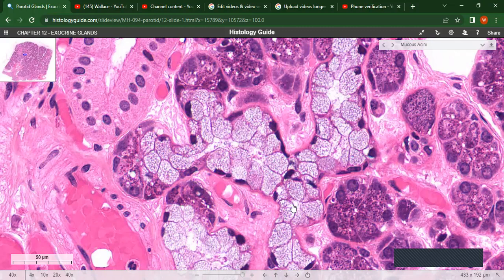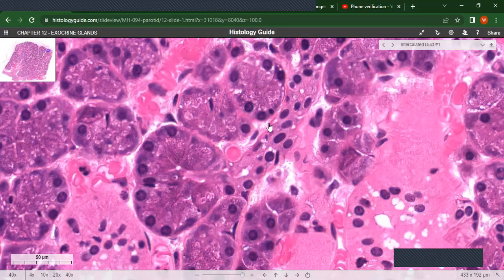The intercalated ducts are the smallest, and they usually insert into and drain individual acini. Their epithelium is low cuboidal, a simple cuboidal epithelium. Maybe you can have a look at an intercalated duct.